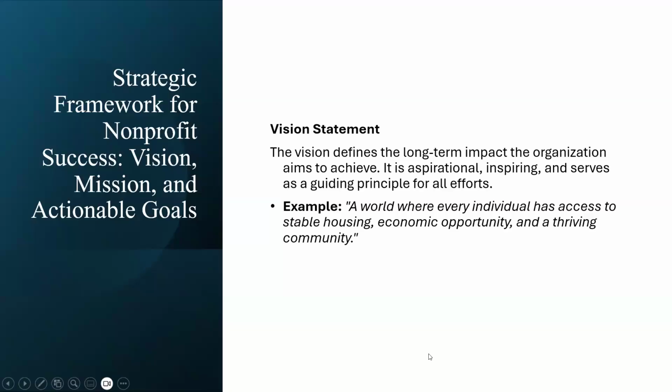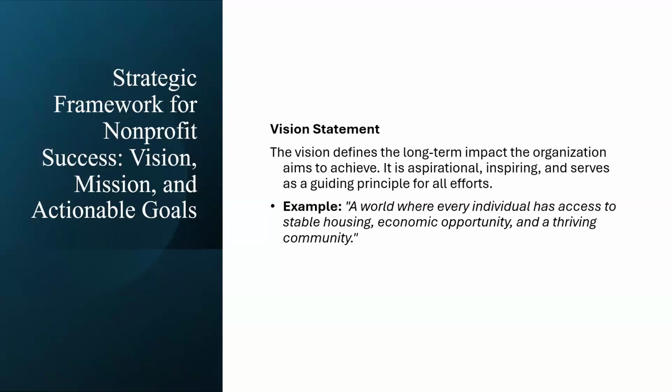This part is called Strategic Framework for Nonprofit Success: the vision, the mission, and actionable goals. Now that we understand what the problem is, now we've got to put it in the form of what we want to do about it.